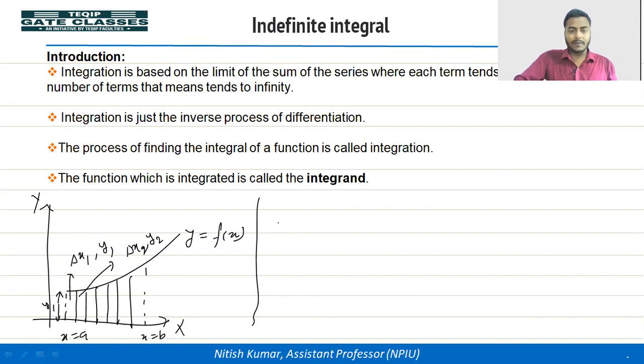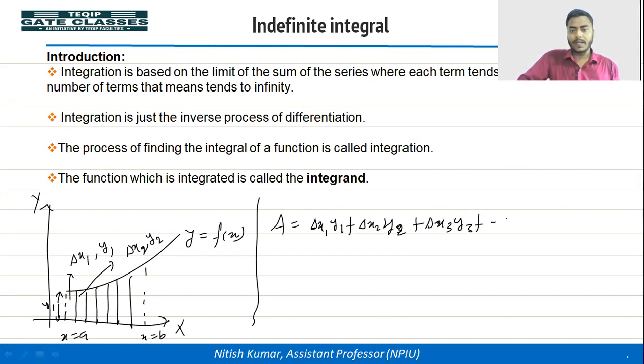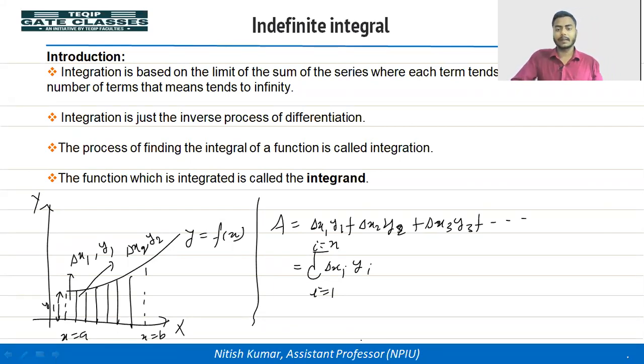So similarly, we can write the total area. That would be delta x1 into y1 plus delta x2 into y2 plus delta x3 into y3 and so on. We can write this in terms of summation: the sum of delta xi yi, where i varies from 1 to n, right?